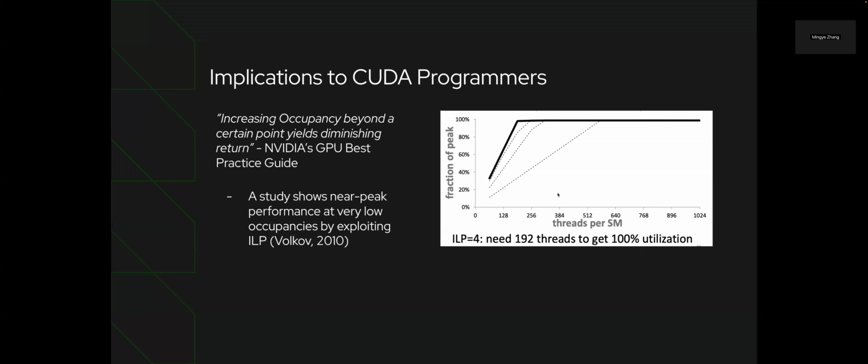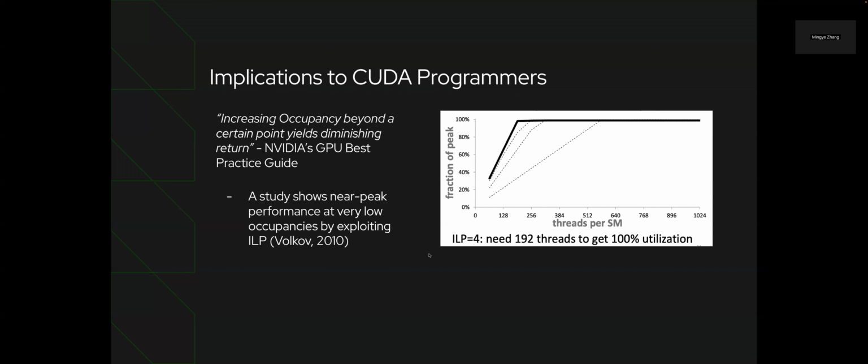So what's its implication for CUDA programmers? In NVIDIA's GPU best practice guide, it says that increasing occupancy beyond a certain point yields diminishing returns. This means that when you have way too many threads, the registers per thread decrease as it hits the register file limits, and so the speed of each individual thread will diminish. In 2010, there was a study that showed near peak performance at very low occupancies by exploiting ILP.